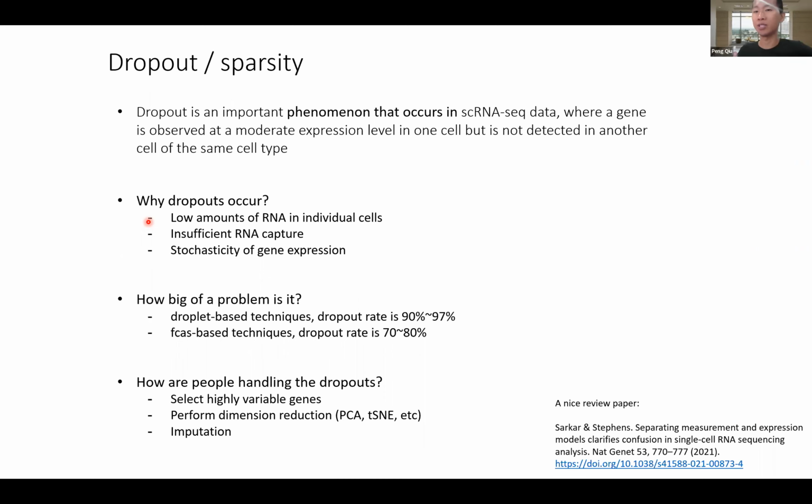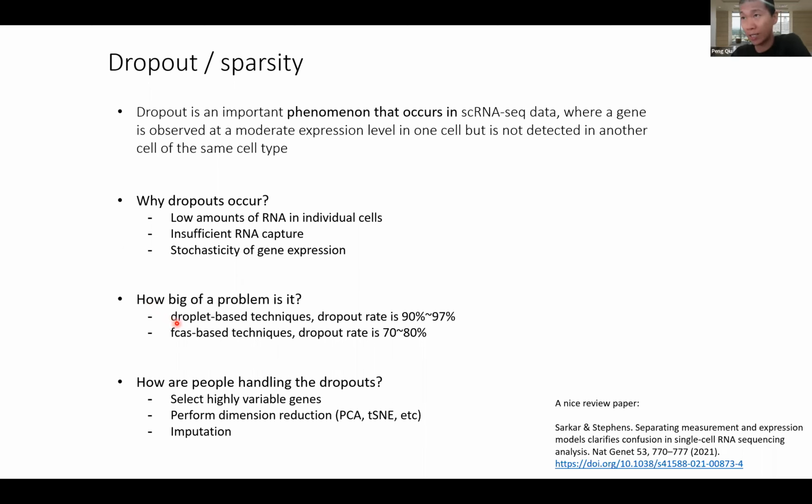If we're lucky, we see some counts for this gene, but if we're not lucky, then we don't see any. Okay, so that's another reason why we see a lot of zeros, or why we may expect a non-zero value to be seen, but what we see in the data is 0. So in terms of how big of a problem it is, it's actually really hard to say.